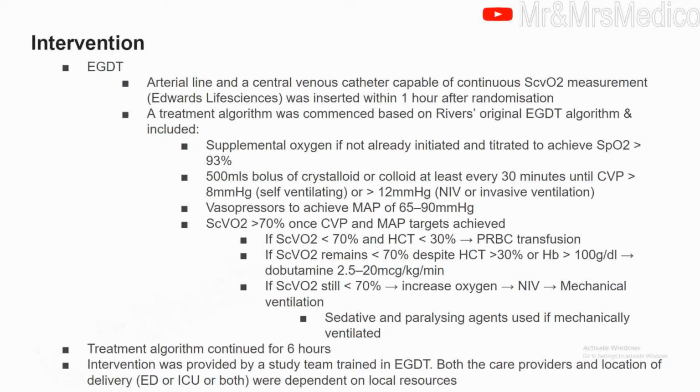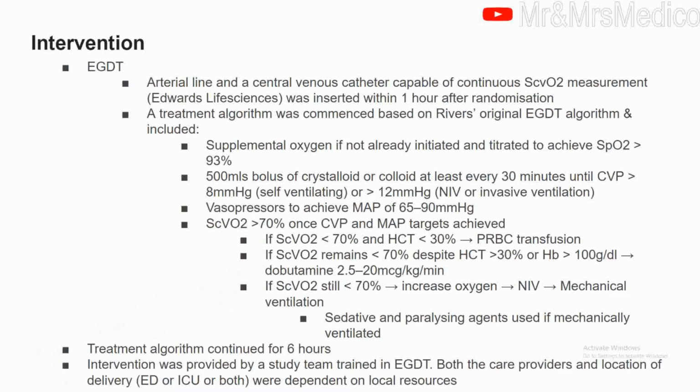Intervention in the EGDT group: early goal-directed therapy. An arterial line and a central venous catheter capable of continuous ScvO2 measurement was inserted within 1 hour after randomization. The treatment algorithm was commenced based on the original EGDT algorithm.